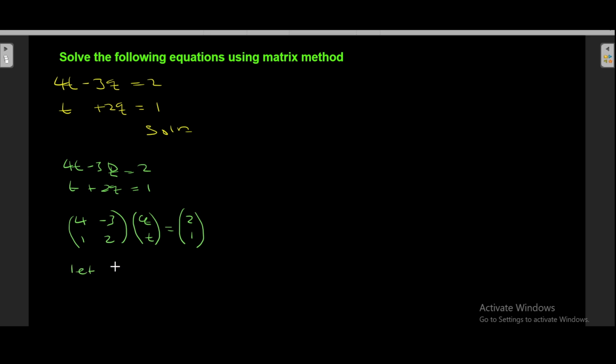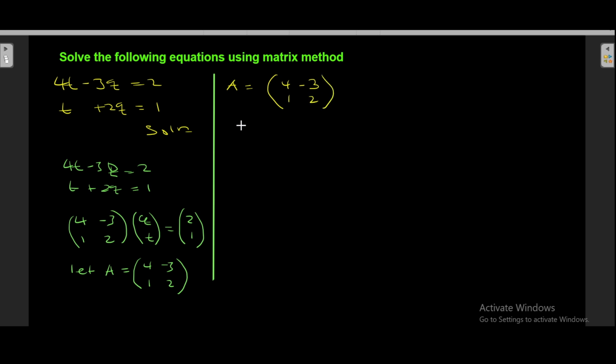Since I've created my two matrices, I'll take an assumption. If I let my matrix A be the same as 4, negative 3, 1 and 2, I'm going to get the adjoint of that matrix which I have created.